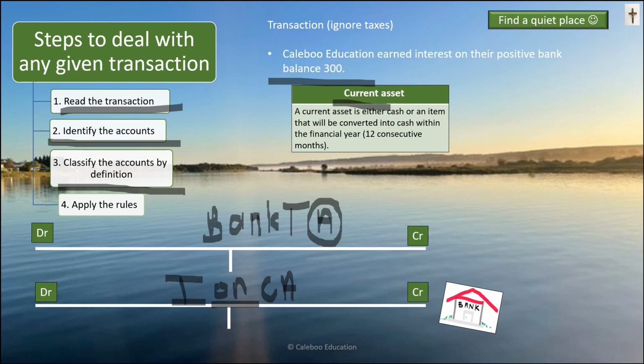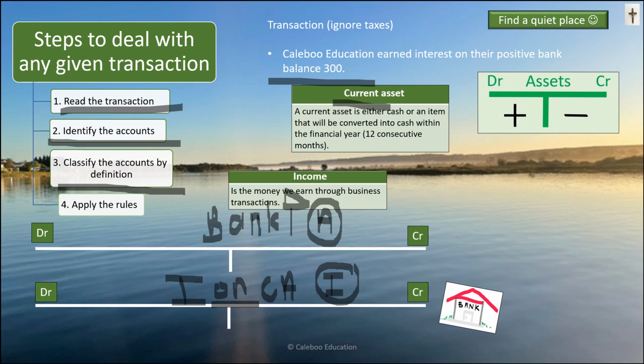The bank balance has increased. Income, it says there, is the money earned through business transactions. This is a transaction. We've earned interest on a positive bank balance. Interest on the current account is income.